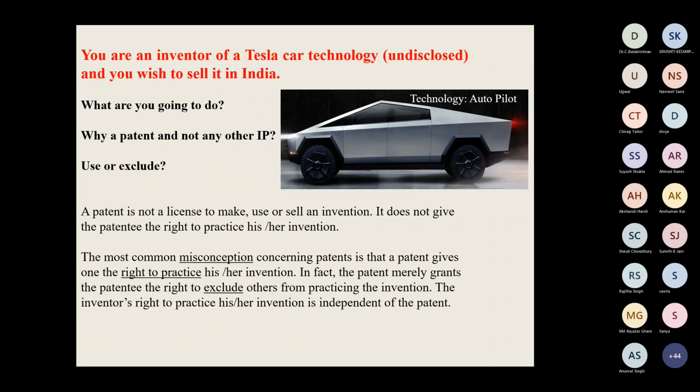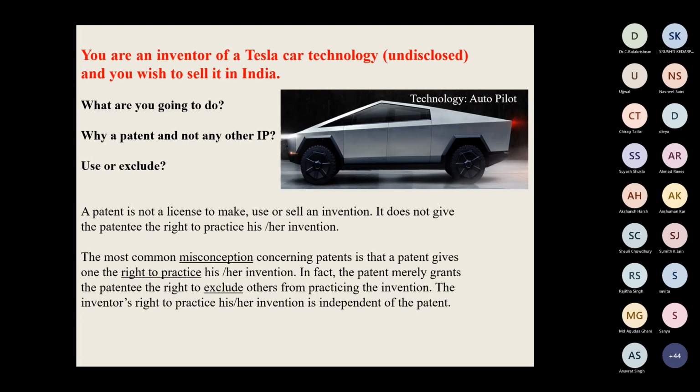Patents are basically related to science and technology, to technological developments, just like copyright is related to aesthetic contents and developments, and trademark is related to commerce and business. You need this basic understanding, and only then can you choose which IP is going to help you, which IP you are going to resort to. So this is why a patent and not any other IP.